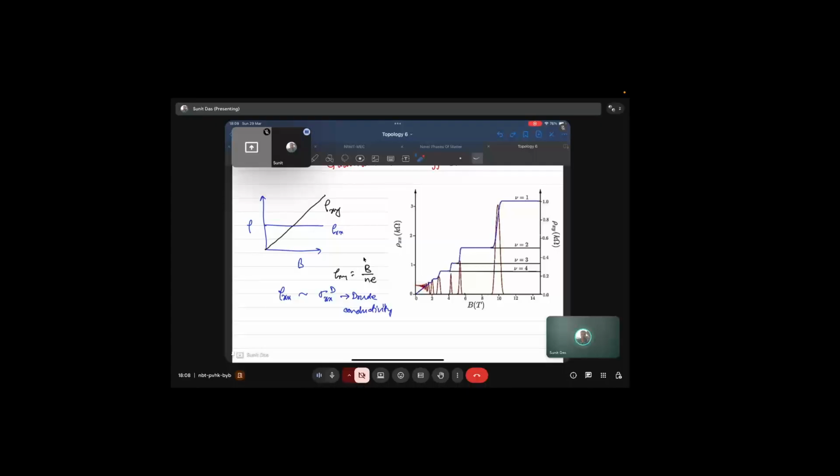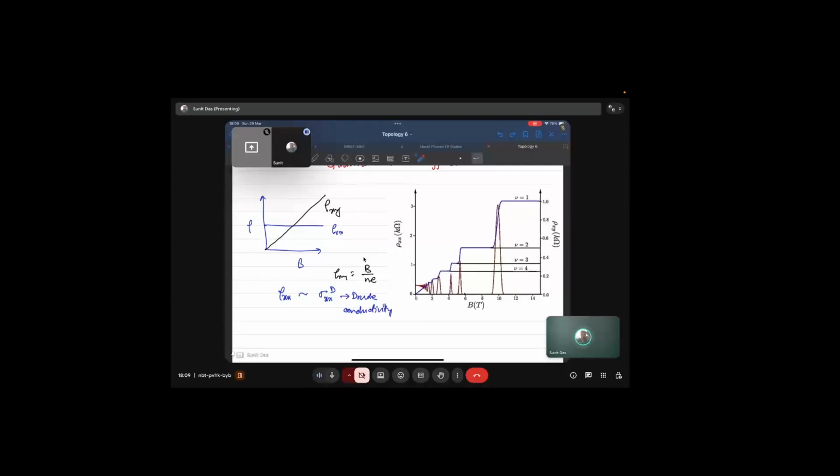What you see here is that this is almost constant at low magnetic field, right? The magnetic field is in Tesla. If you have a very low magnetic field, up to maybe 1 Tesla, it is almost constant, as you can see. And then it oscillates, right? And then rho xy, as it should be from this classical Drude picture, is linear in the magnetic field, just like this one.